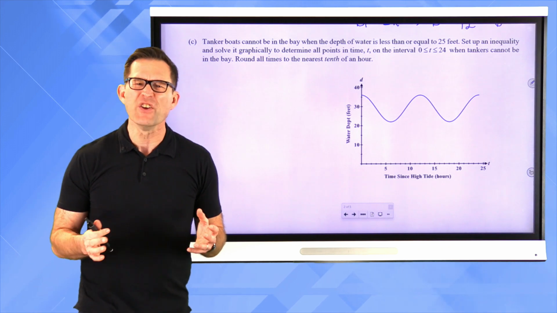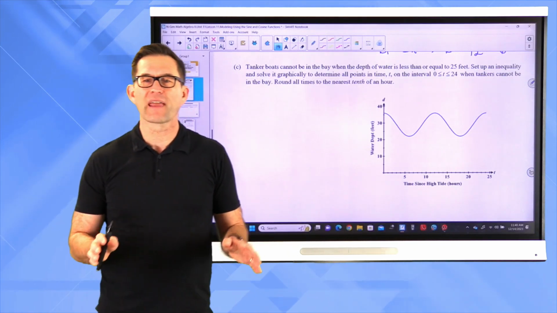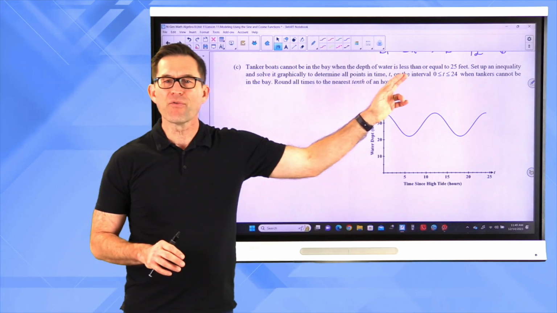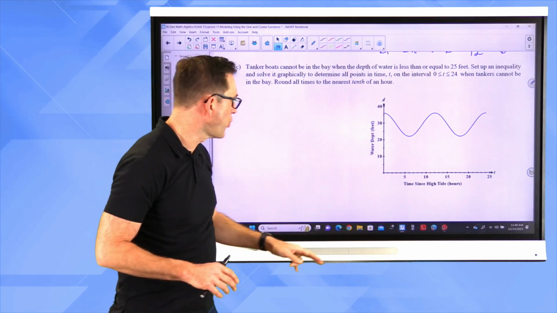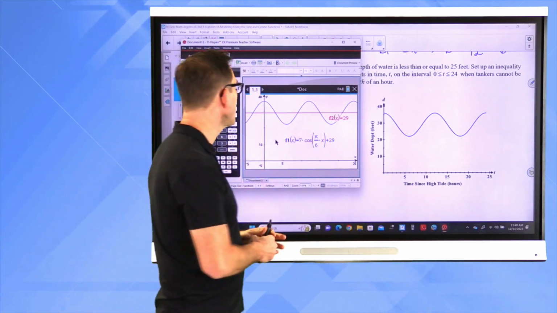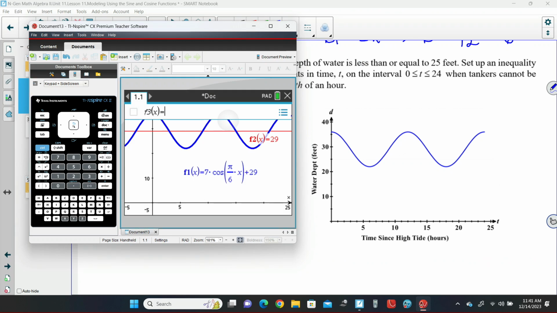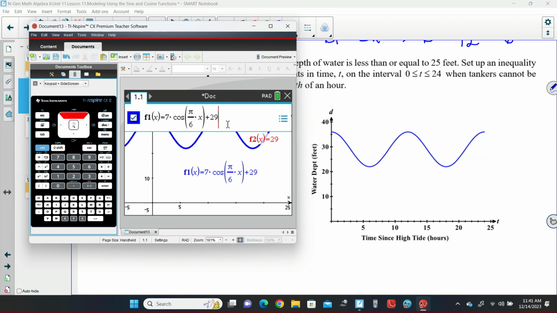Well, let's really visualize this on the calculator, right? The tankers can't be in here if the depth of water is less than or equal to 25 feet. Now, I know I've got my midline in here at 29, but let's actually go in there and change that to 25 instead of 29, okay?